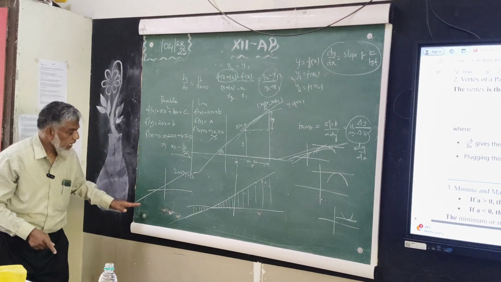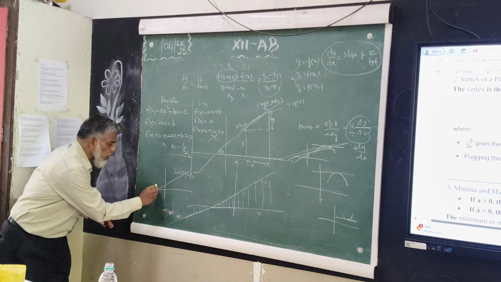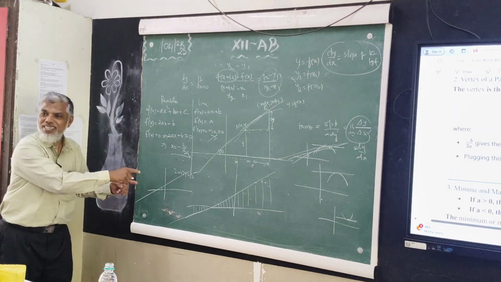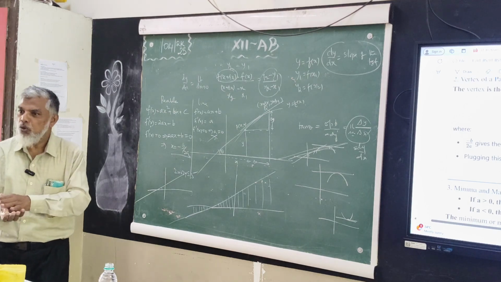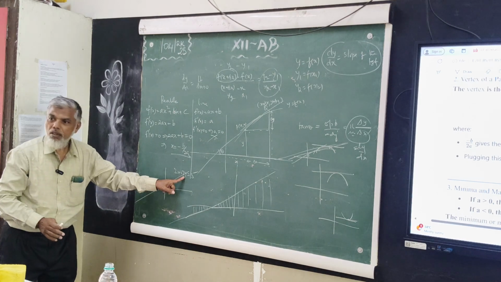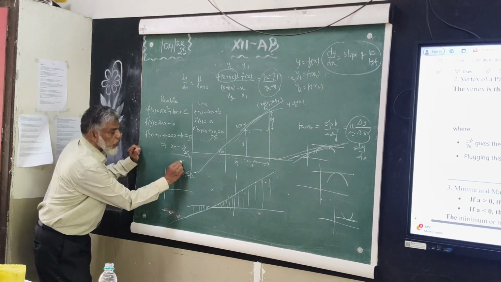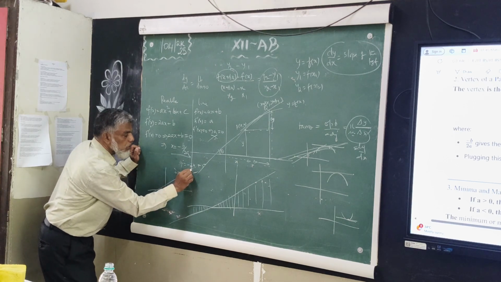Does this line have a positive slope or negative slope? Positive slope, because it is rising from left to right. Acute angle means positive slope. Obtuse angle means negative slope. So here, 3y equal to minus 2x plus 5, therefore y equal to minus 2x by 3 plus 5 by 3.